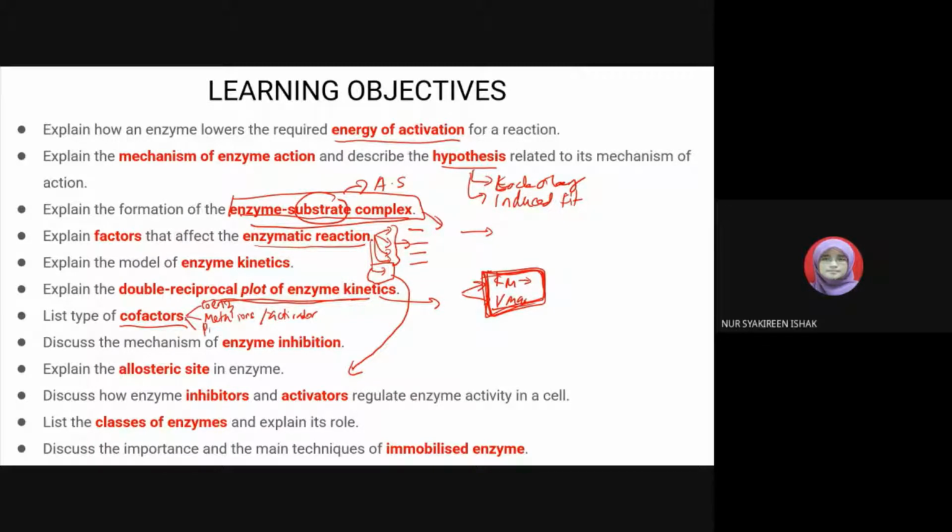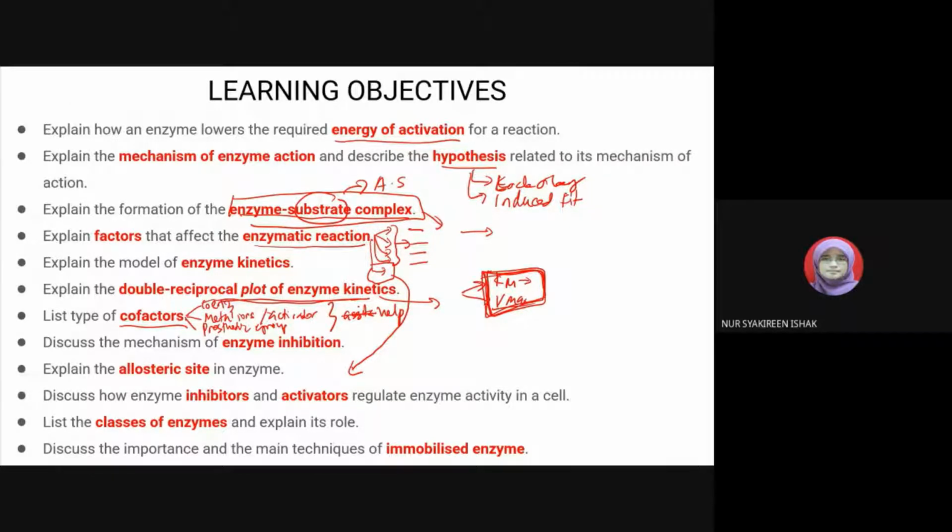Okay, so those are the three different types of cofactors that assist, or help, in the enzyme reaction.